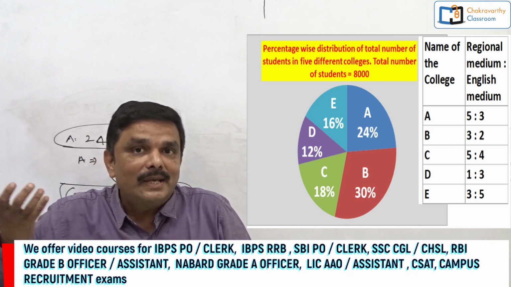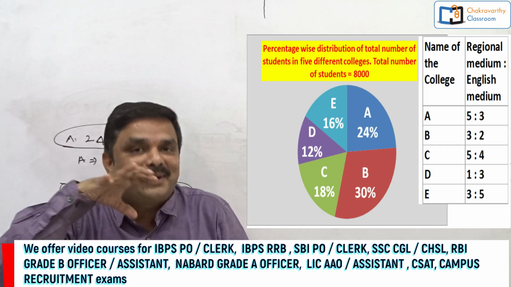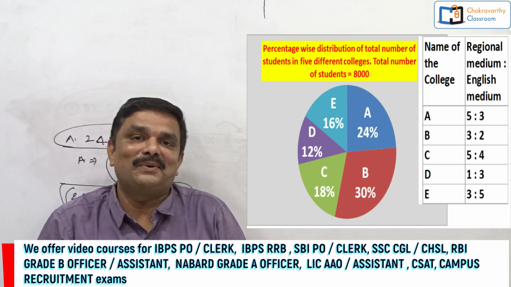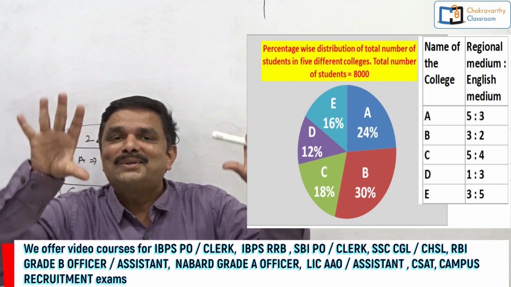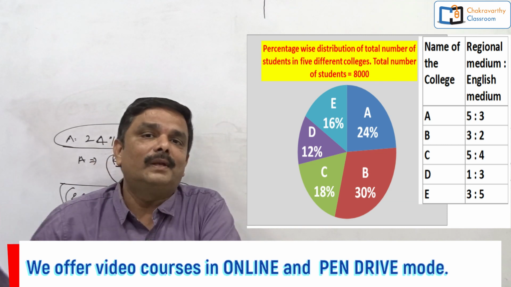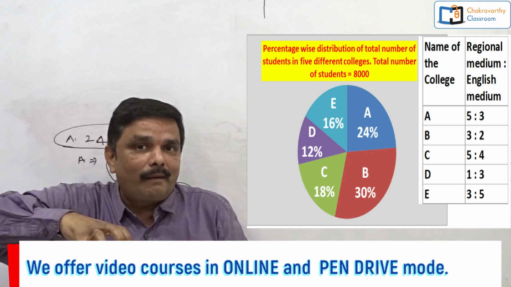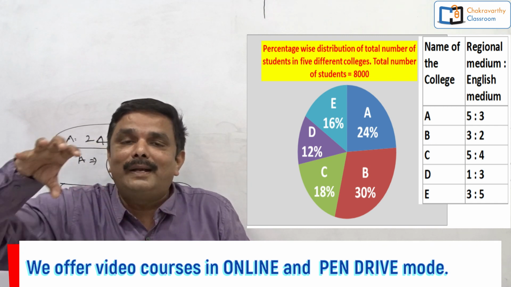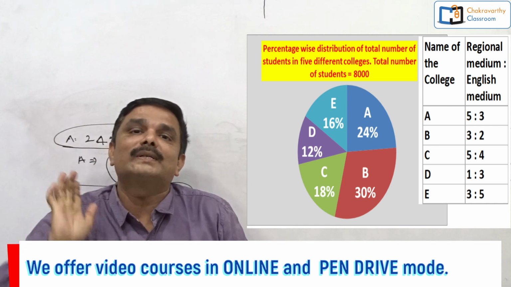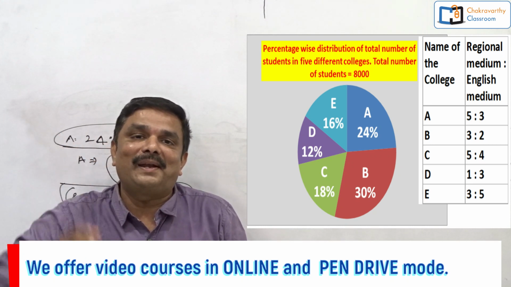From the basics, you have to develop the shortcuts by yourself. That type of education I'll give you. I never give you shortcut first and comprehensive later. First go by the comprehensive, then learn the shortcut, and you should come to that stage where you should develop one shortcut by yourself. That's the right way of learning things for any competitive exam.